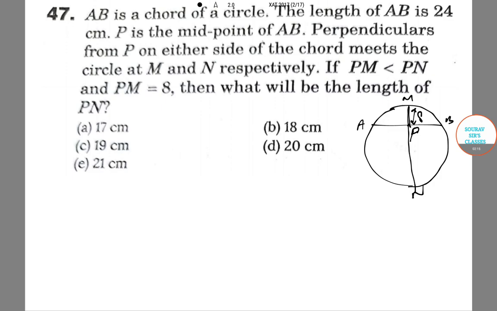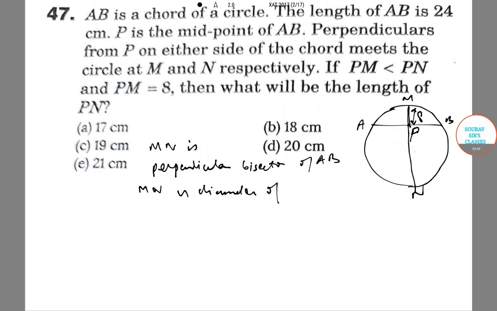So AB is a chord and MN is the perpendicular bisector of the chord AB at point P, as PM and PN are both perpendicular to AB. Then MN is the diameter of the circle.